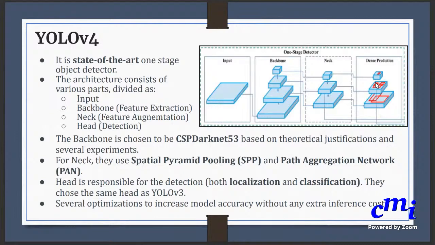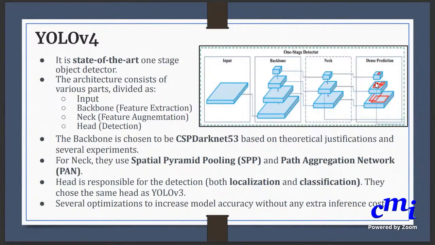But the authors of YOLO V4 chose the CSP Darknet 53 based on their theoretical justifications, and they also performed several experiments and found that this gives the best accuracy.